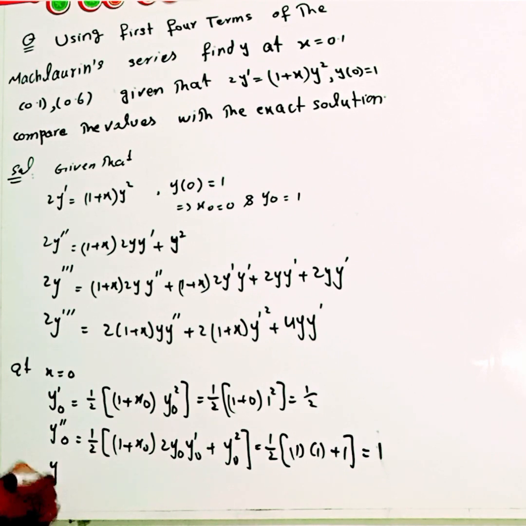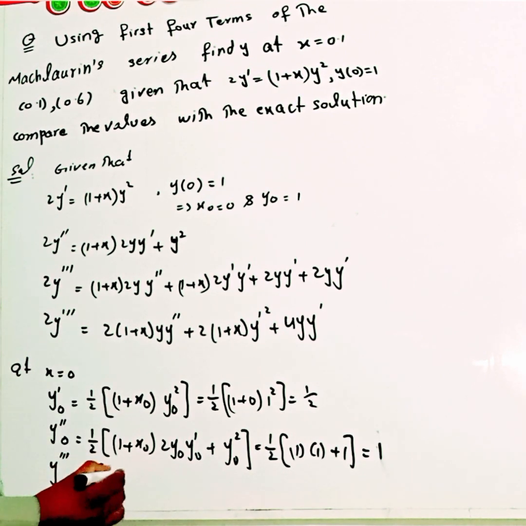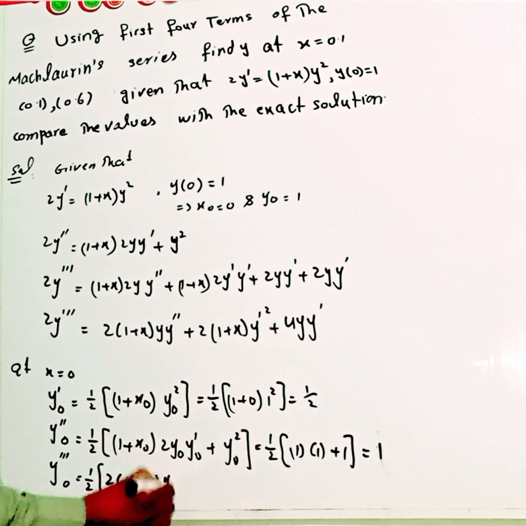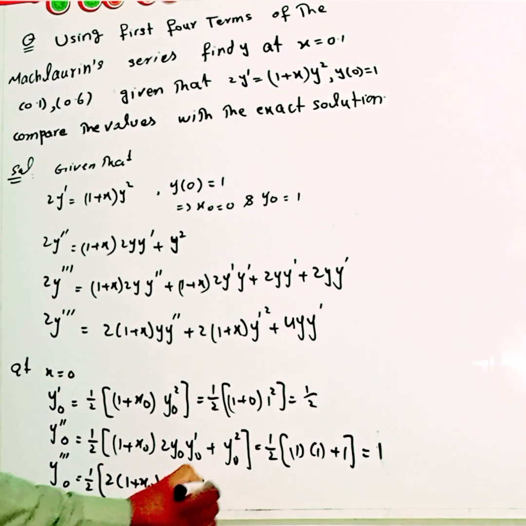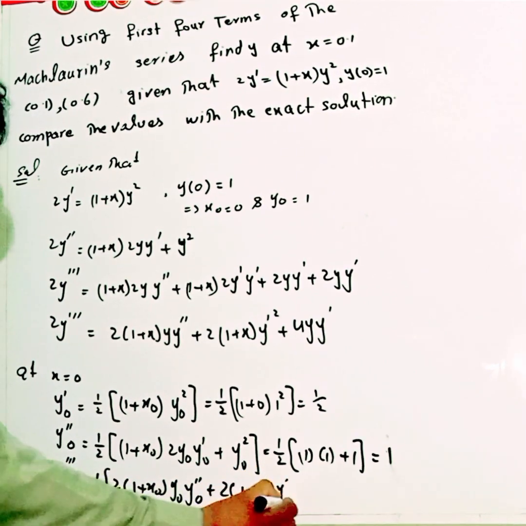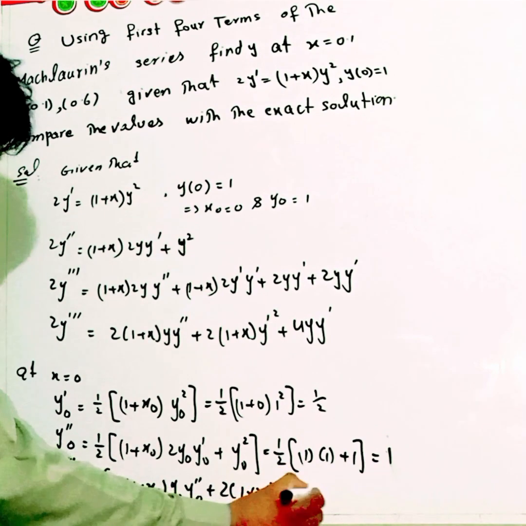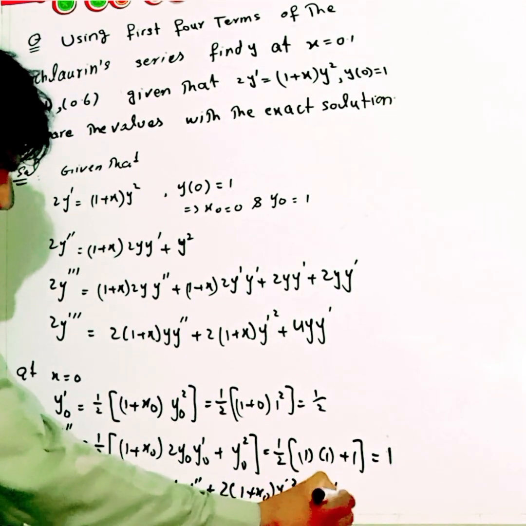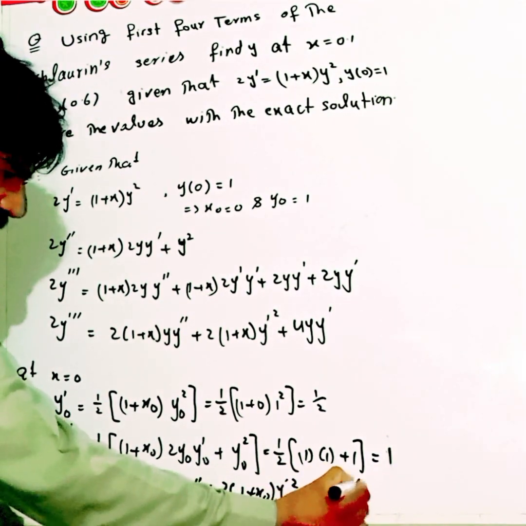Similarly, we can find the value of y triple prime naught, which is equal to 1 by 2 into [2 into (1 plus x naught) into y naught y double prime naught plus 2 into (1 plus x naught) y prime naught square plus 4 y naught y prime naught].